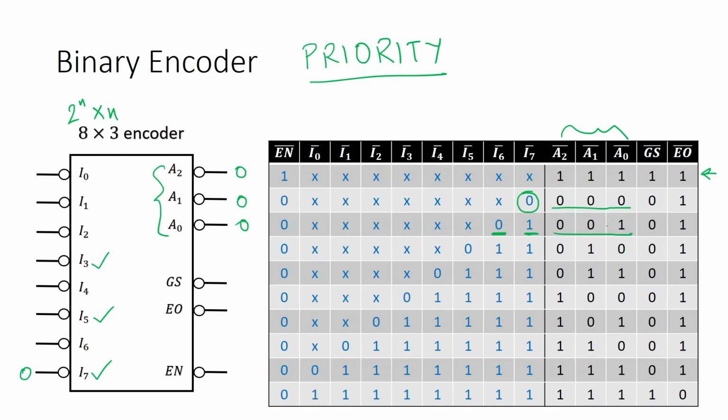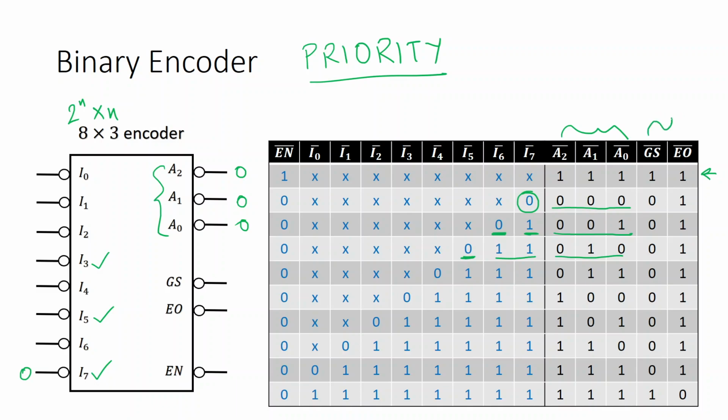But since it is active low, it is 0 0 1. Similarly for I5 to express itself, I6 and I7 should be inactive, and it would be 0 1 0, and in this way you can read the rest of the truth table.